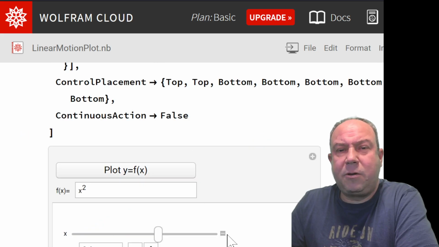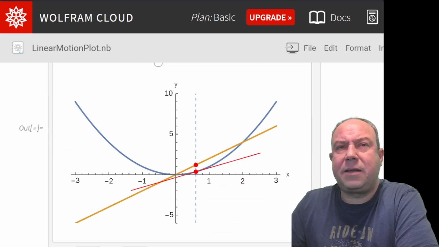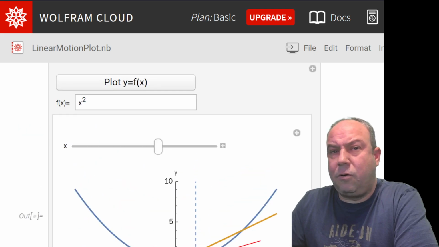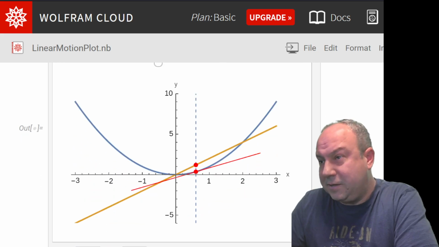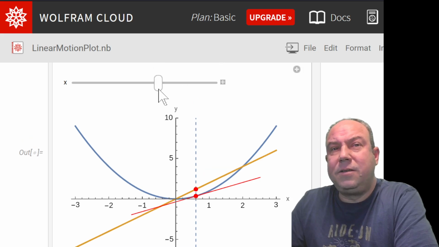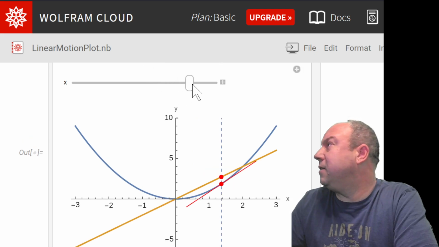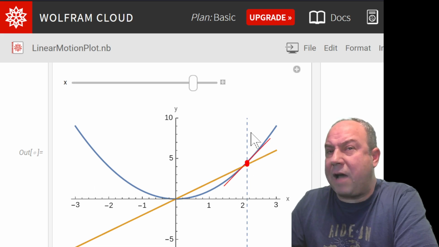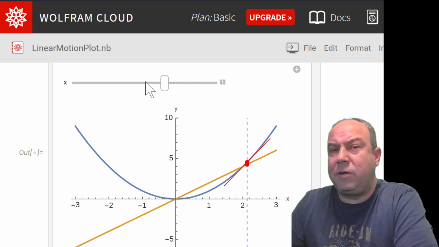Let me go back up here and minimize this, come back down, scroll back to this illustration. So you can see here as I scroll to the right, I see nothing but positive slopes for values of x greater than 0, and that's being highlighted on the orange graph at those corresponding locations.